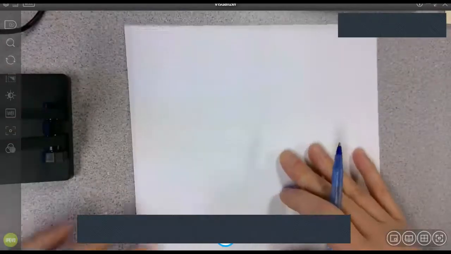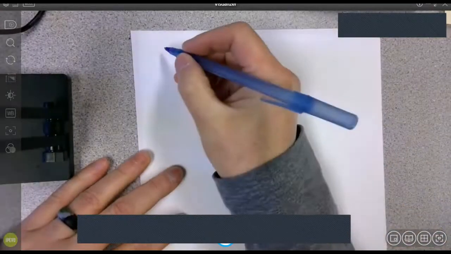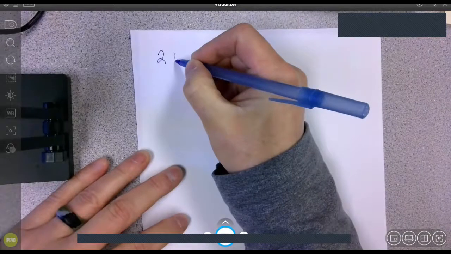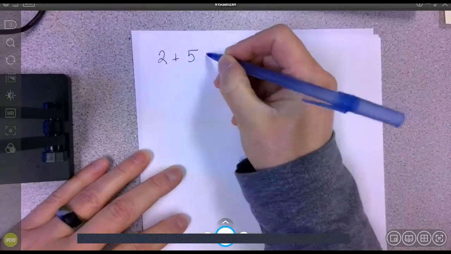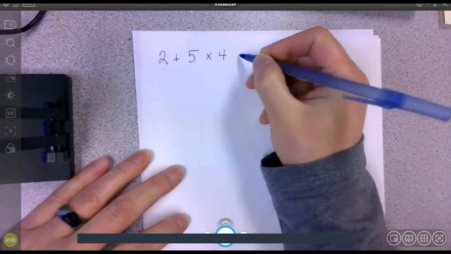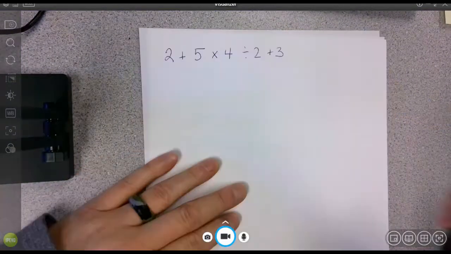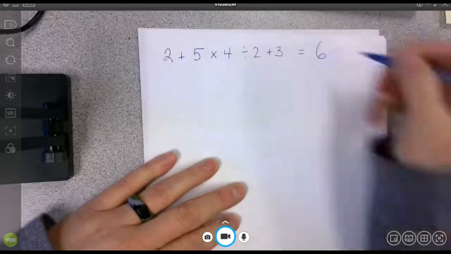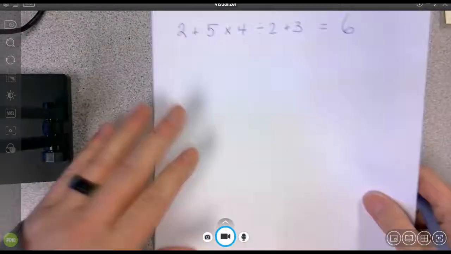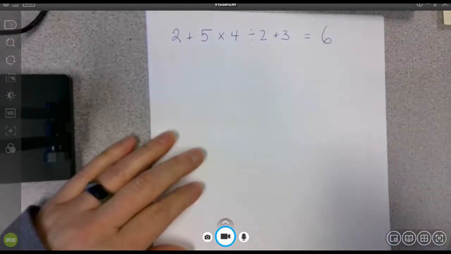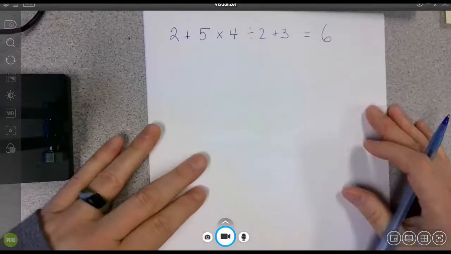Okay. All right, the first problem I want to go over is 2 plus 5 times 4 divided by 2 plus 3. And they want the answer to be 6. Okay, so we're going to try some different combinations to see if we can get the answer of 6.